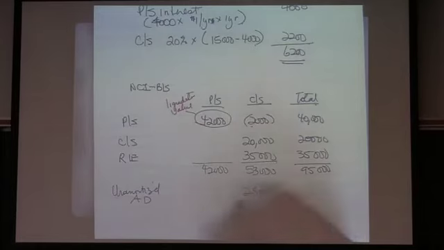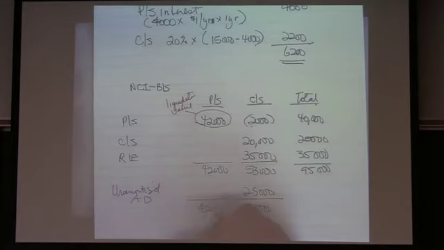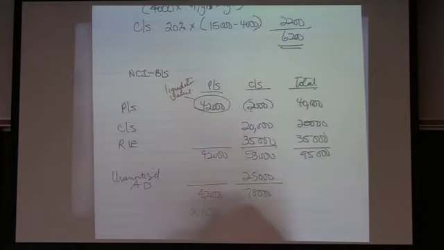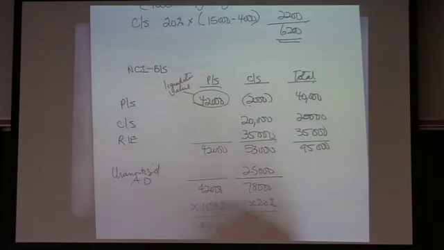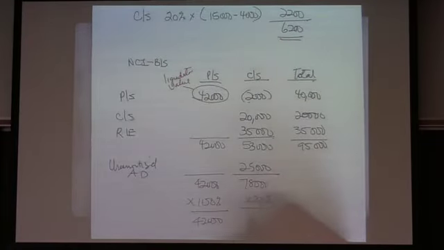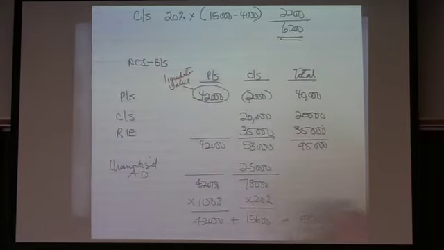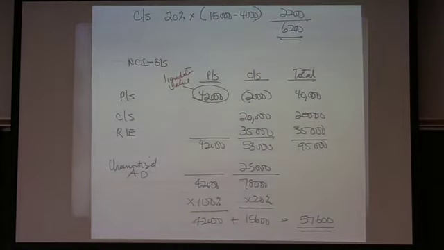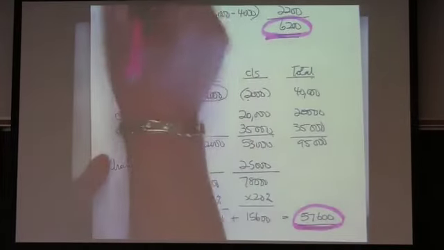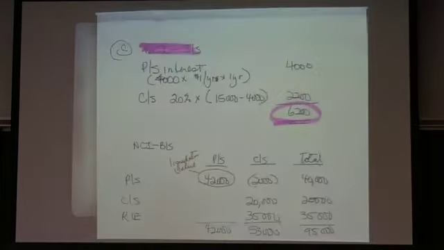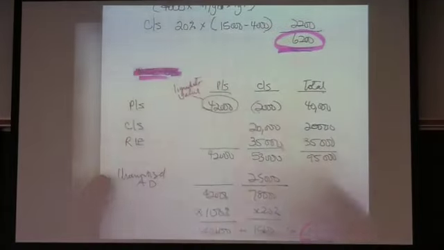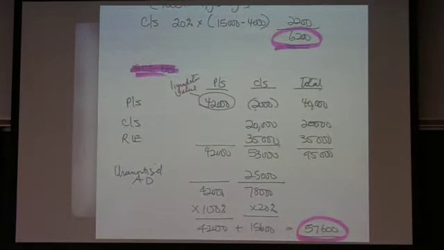And that gives us 78,000. And this is at 100%, and this is at 20%. And this is 15,600. The sum of this is my balance sheet non-controlling interests. And this is my income statement non-controlling interest. And that's my balance sheet non-controlling interest. Okay, thank you.